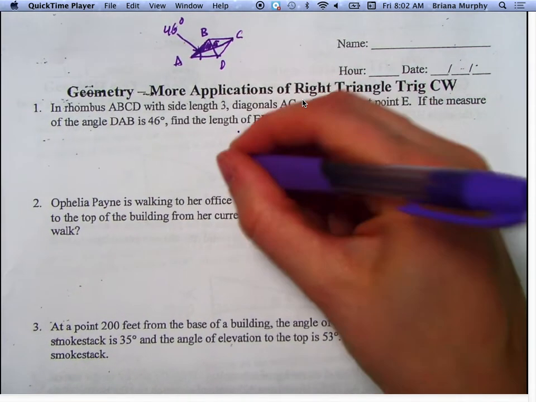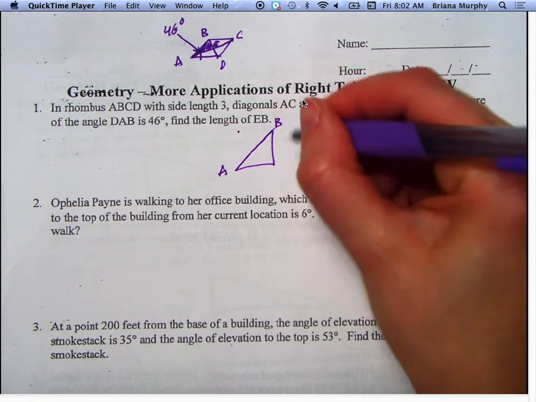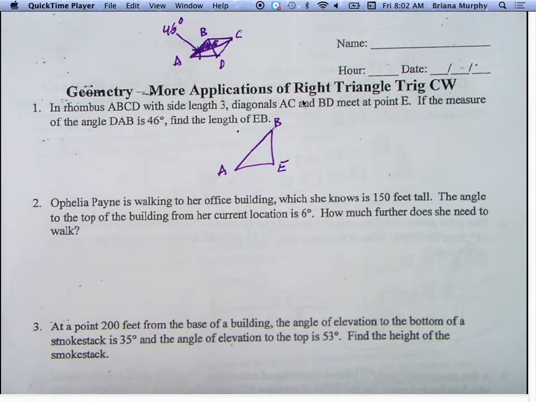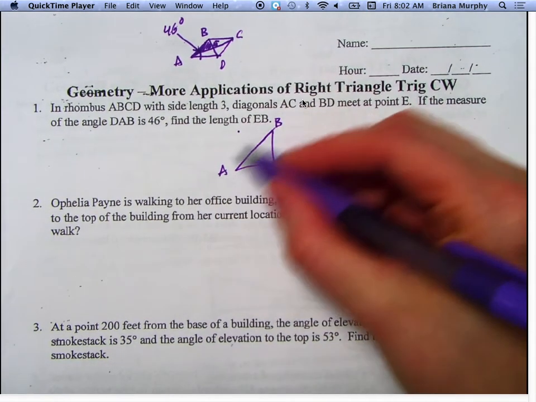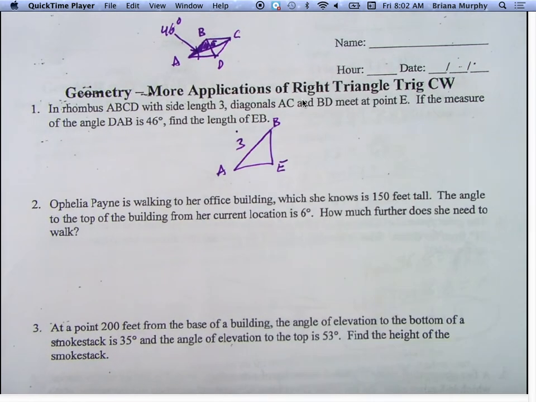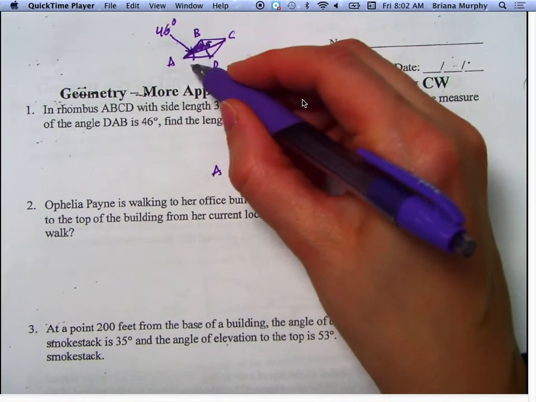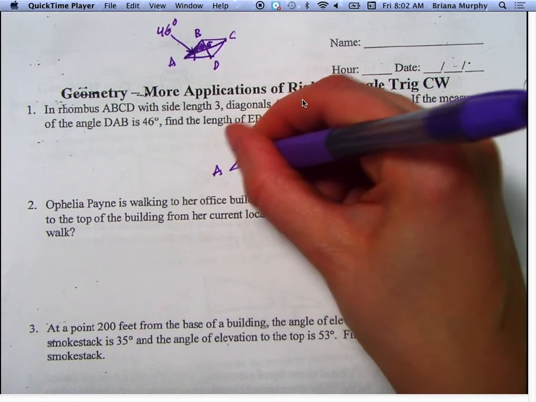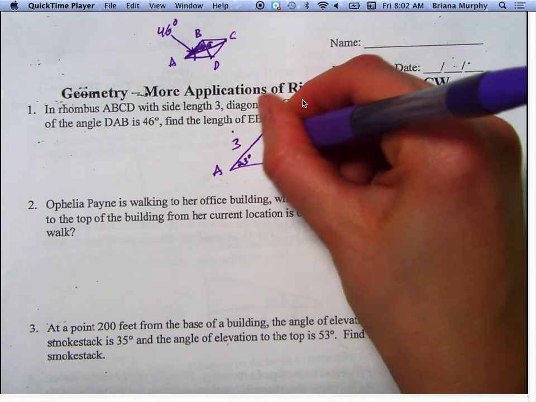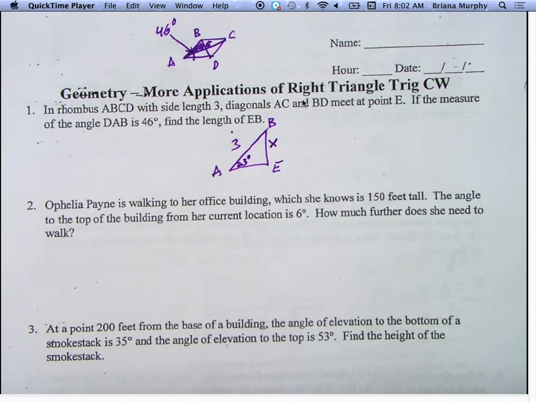Okay, I've got A, B, E. I know AB, because that's the outside, is 3. I know this angle right here, this is 46, so half of that makes this 23. And I want to find that length right there.